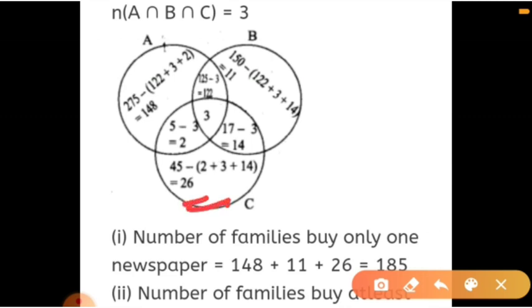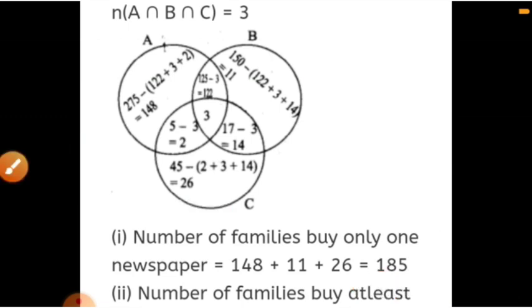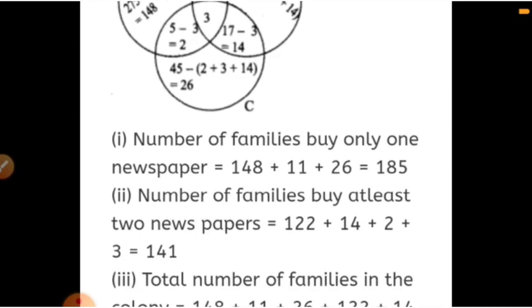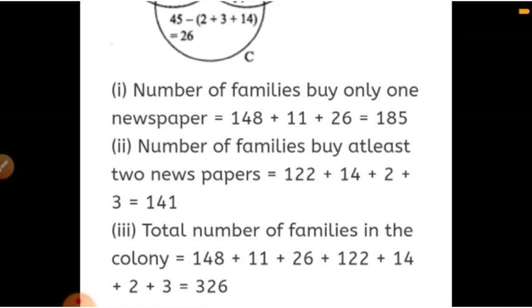Okay. Next, number of people. First one, number of families buys only one newspaper is equal to 148 plus 11 plus 26, that is equal to 185. Next, second, number of families buys at least 2 newspapers is equal to 122 plus 14 plus 2 plus 3, that is equal to 141 families.